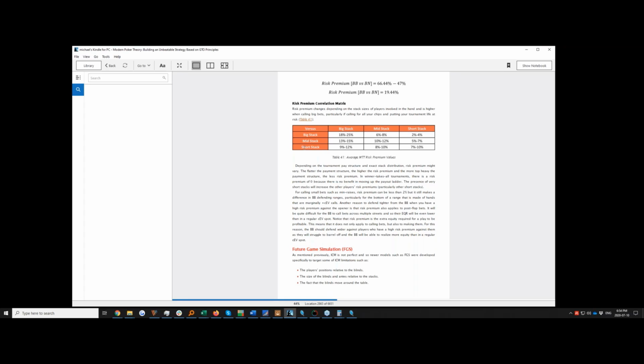Well, according to risk premium, if you're short stack against short stack, now you will need 40 to 43% equity to stack off. This is how this is used. So you need to add this much equity on top of what the pot odds require for the actual hand you have. So for preflop, this risk premium correlation matrix is pretty useful.